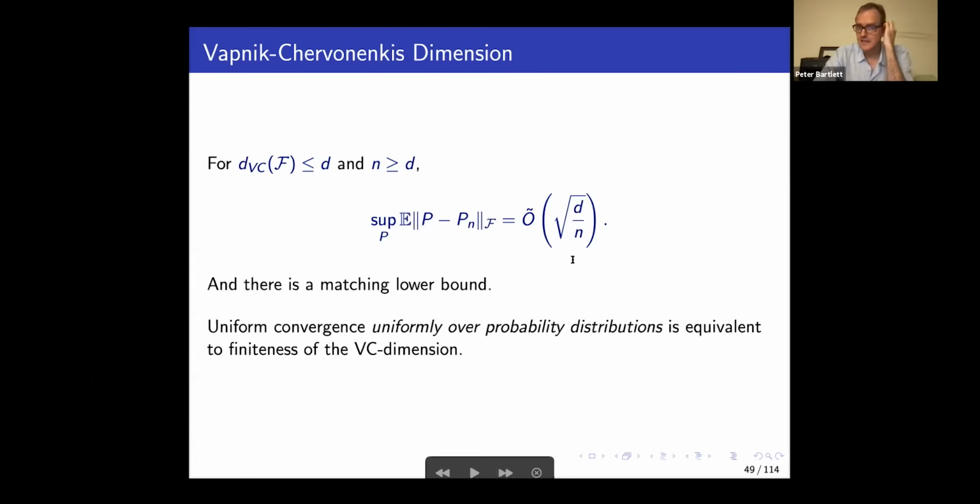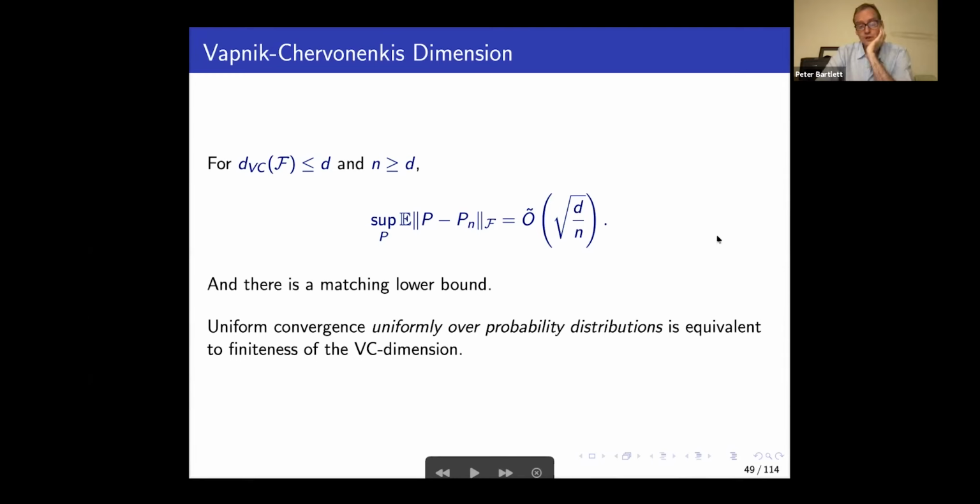And in fact, you can say something stronger. We were looking at bounding these maximal deviations as a way of controlling the excess risk of an empirical risk minimizer. And this shows that excess risk goes down like square root d over n in the case of finite VC dimension.